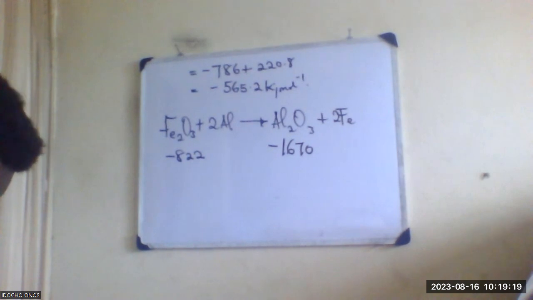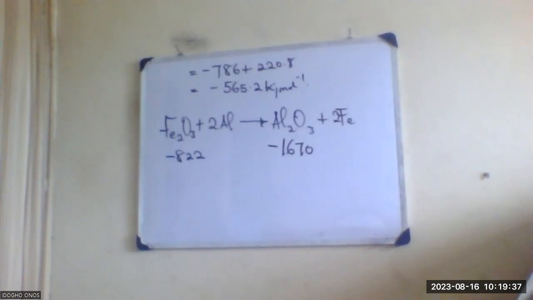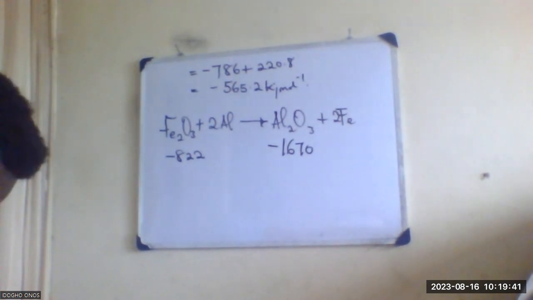Option A is plus 2492. Option B is plus 848. Option C is minus 848. And option D is minus 2492. So option C is for me, minus 848.